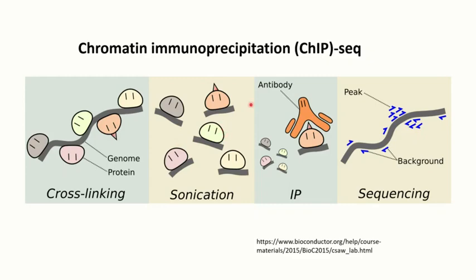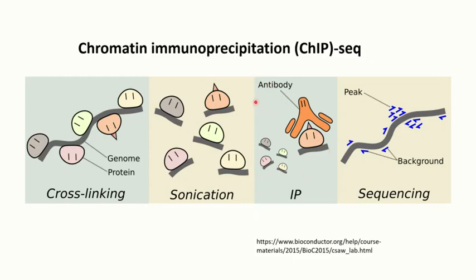Then you design a specific antibody. This antibody is specifically designed to attach to this particular transcription factor protein. This combination will help you fish out all the fragments which have been attached to this particular transcription factor.